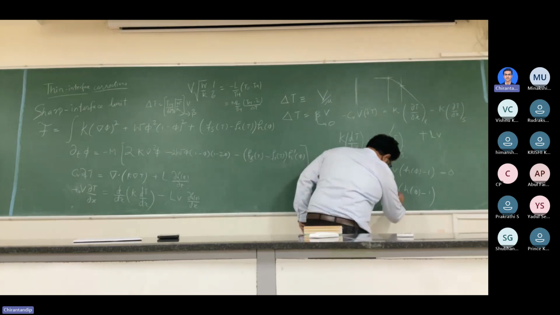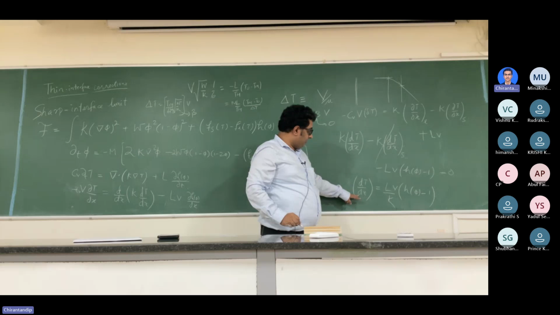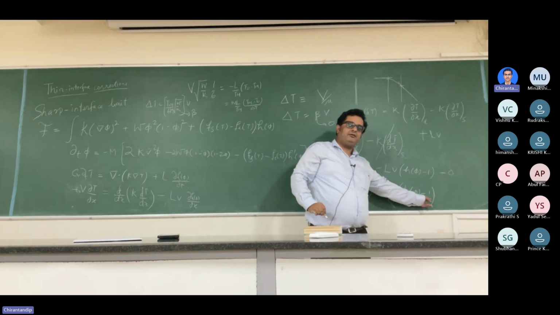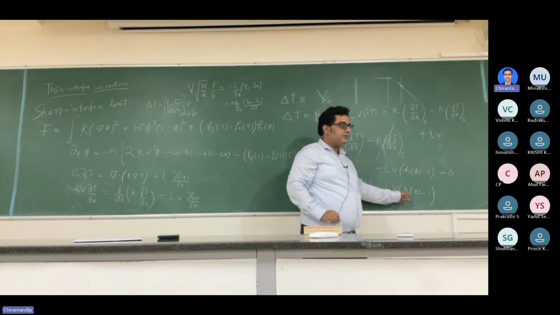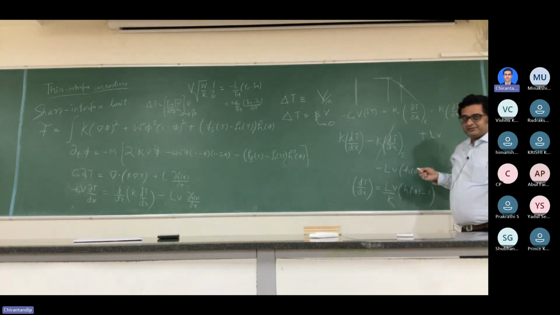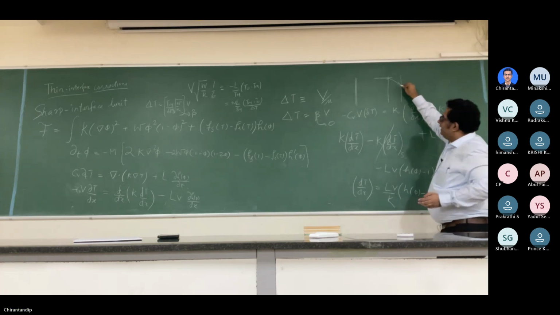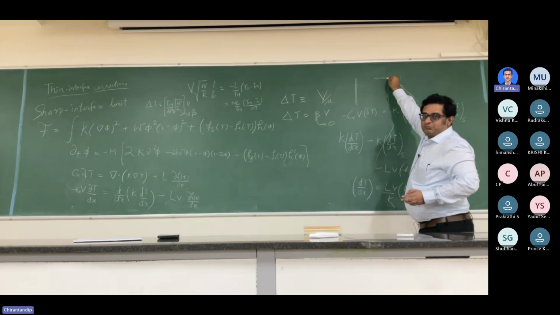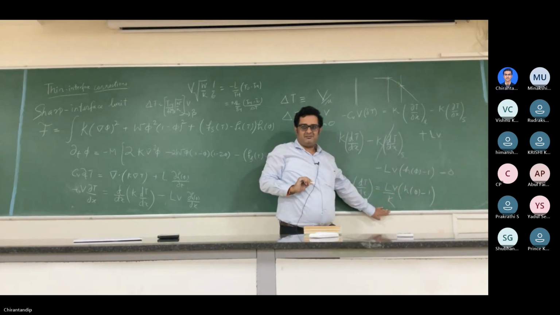Think about it. The dT by dx is on the solid side 0, and on the liquid side, what's the value? Minus LB by K, which is what this slope is. That's a Stefan condition, right? So you recover the Stefan condition at this point, and you have a variation all the way to 0 at this point. That's your dT by dx in the interface. Is that okay?